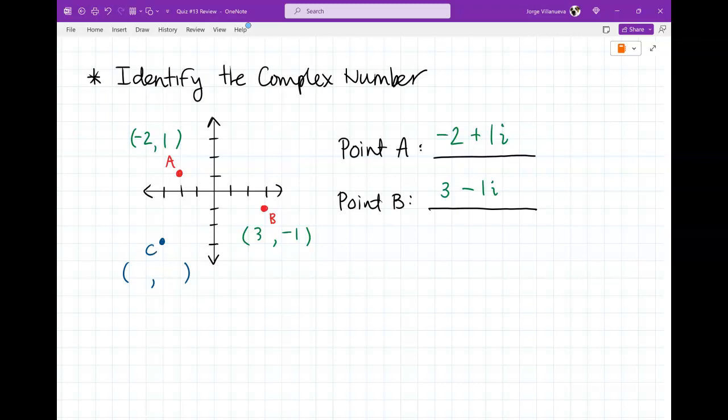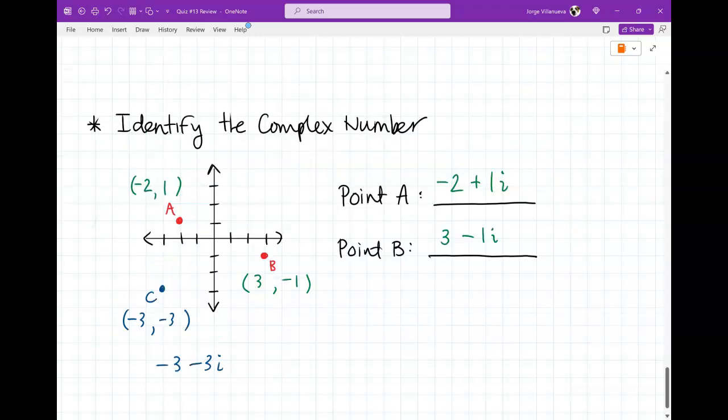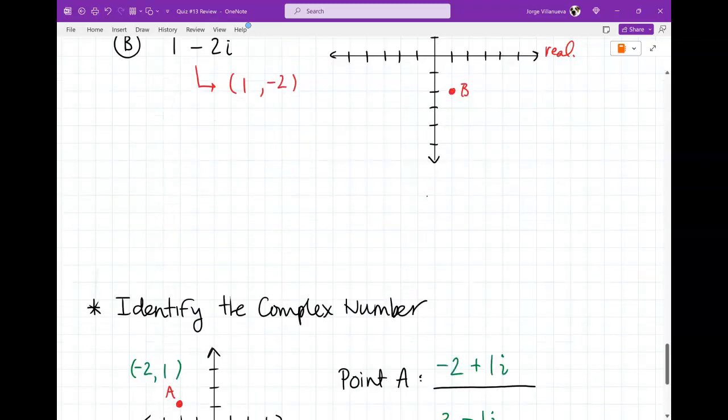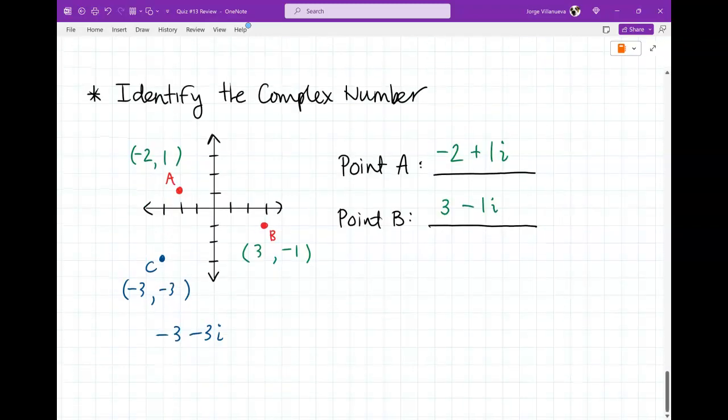What's my coordinate for it? Negative 3, negative 3. So for this one, I would write negative 3 minus 3i. Okay? I think you only have one of these type of problems and one of the other type, like this one right here. So there's not a lot of those. But they're not hard to do. So that's what your quiz is on tomorrow.